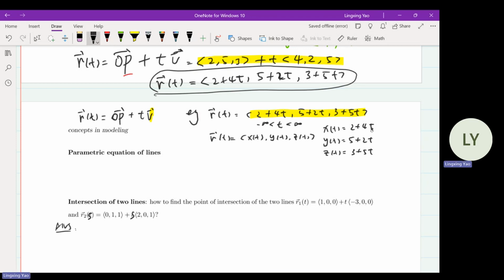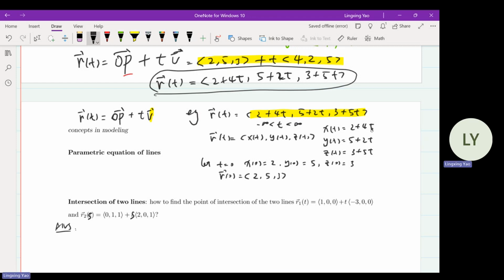And we can also think of some specific value. For example, if you let t equal 0, what do we get? We get x of 0 to be 2, y of 0 to be 5, and z of 0 to be 3. So at t equals 0, we got the position vector r0, which has the components 2, 5, 3.